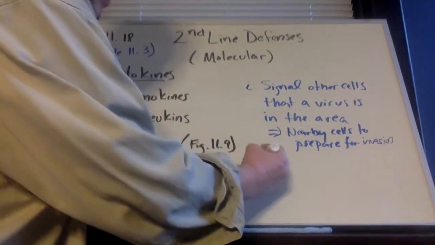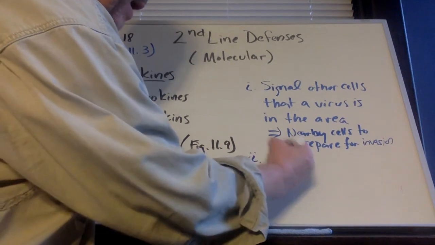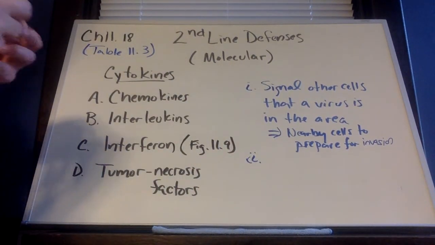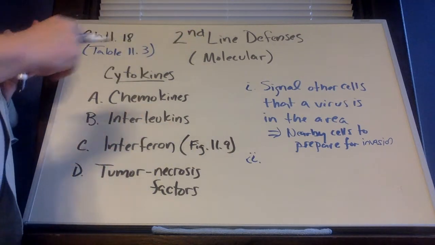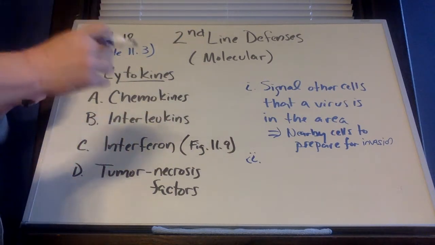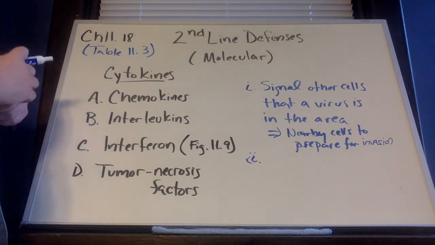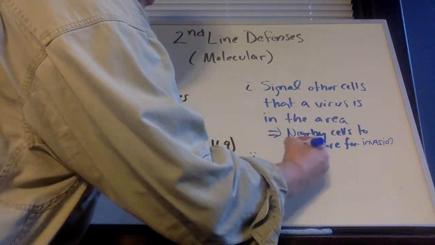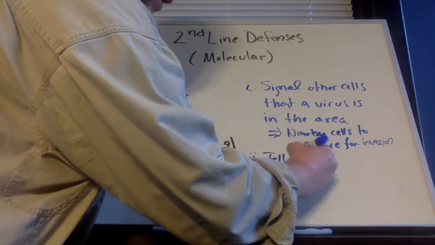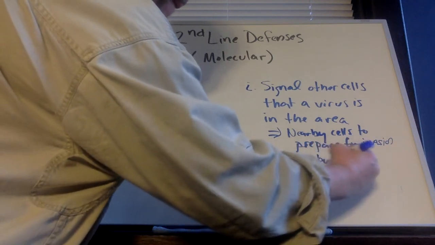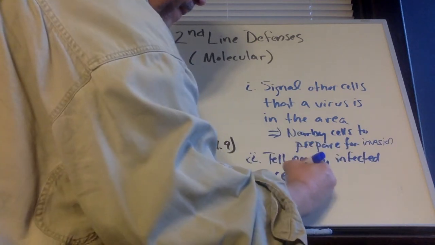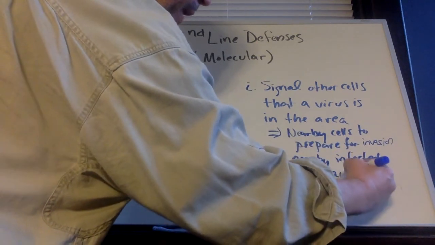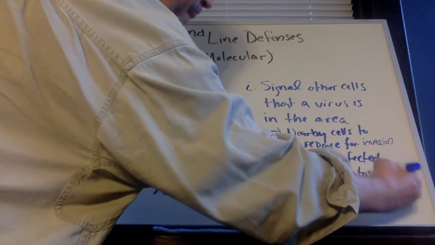A second thing that can happen, if that cell that's nearby is already infected, interferon is going to tell that cell to kill itself. That way it eliminates that cell from the area and any more production of that virus. So it can tell nearby infected cells to undergo apoptosis.